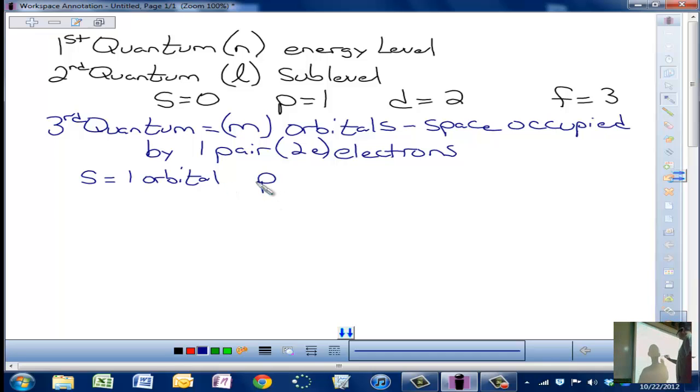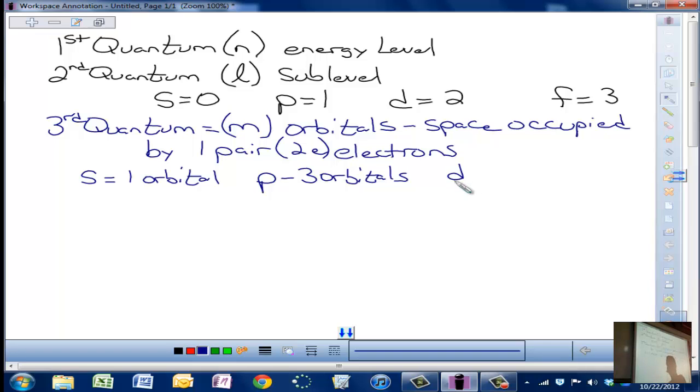When we went to our P, the one I said was a dumbbell in shape, the PowerPoint showed you a dumbbell on the x-axis, on the y-axis, and on the z-axis. That was showing you the three orbitals that existed for a P.